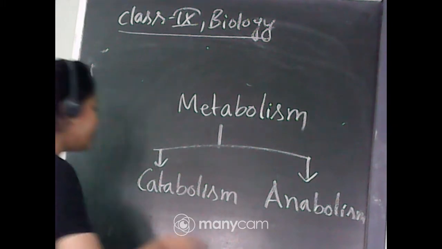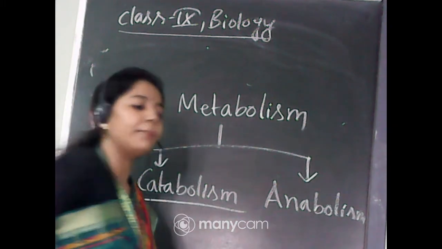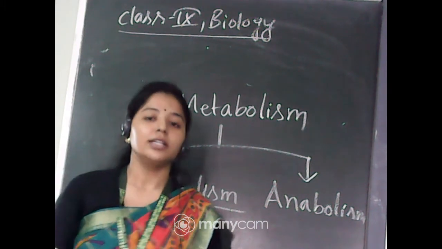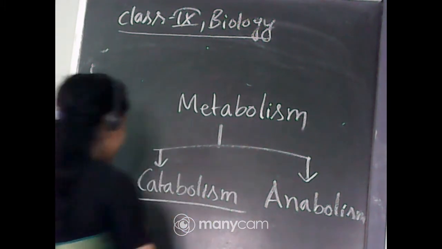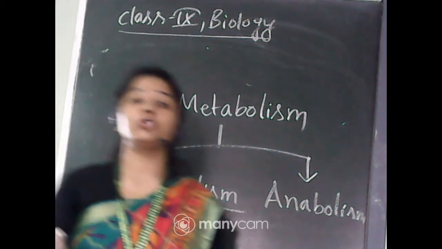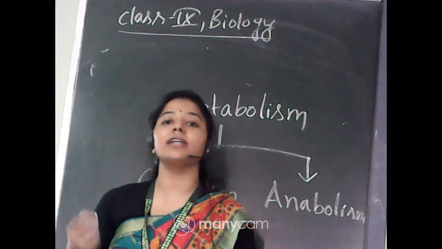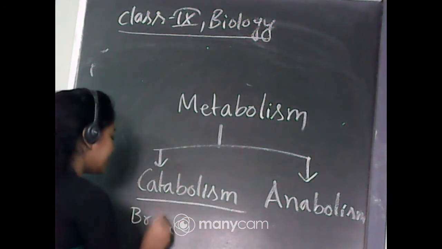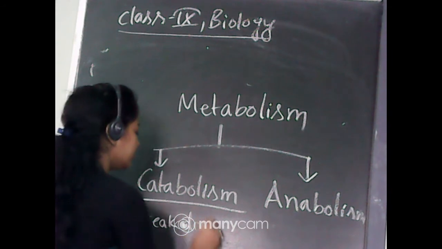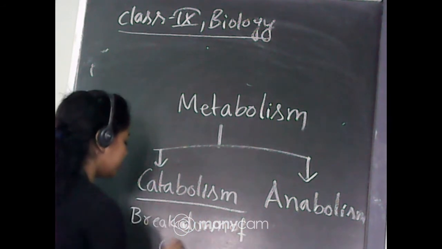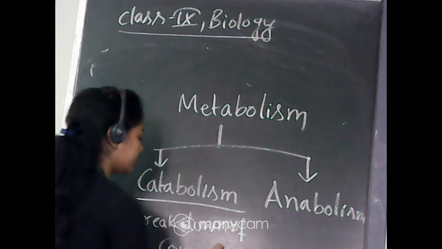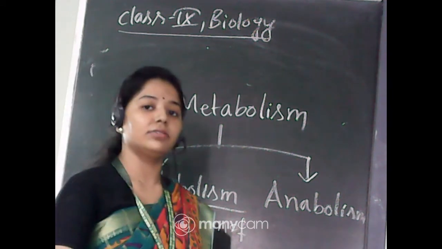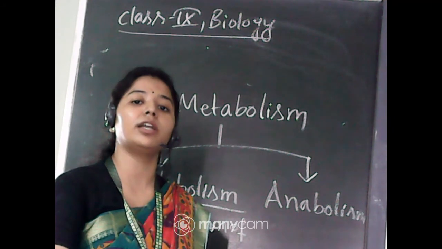Now, what is catabolism? Catabolism means breakdown of compounds into simpler forms. For example, in the process of cellular respiration, glucose is broken down into pyruvate.